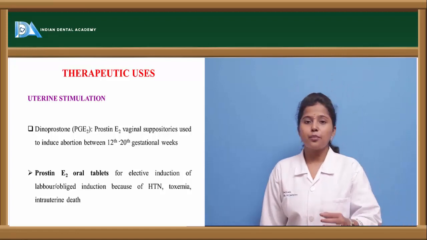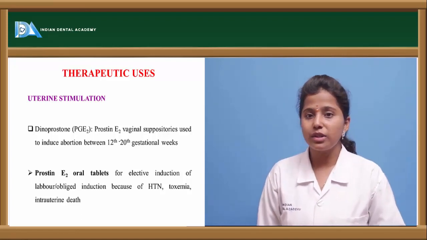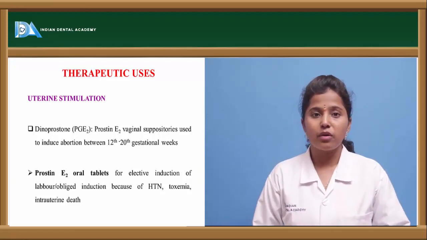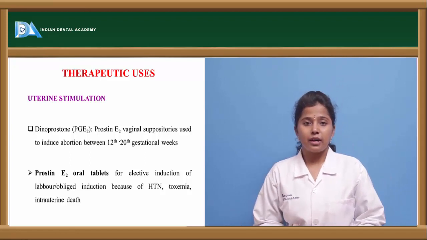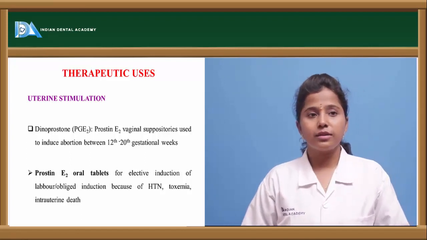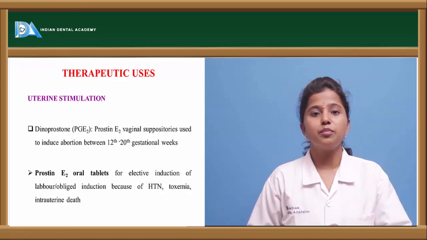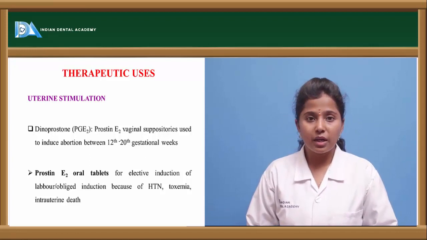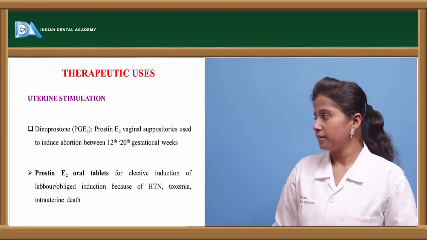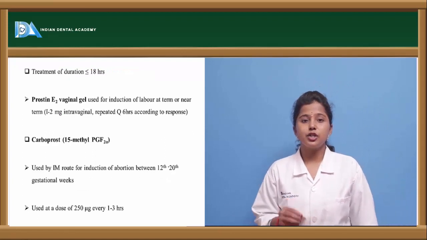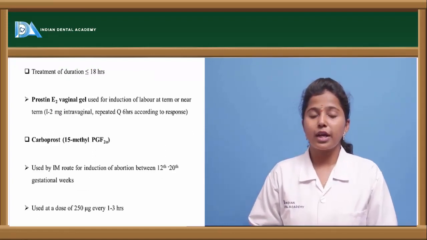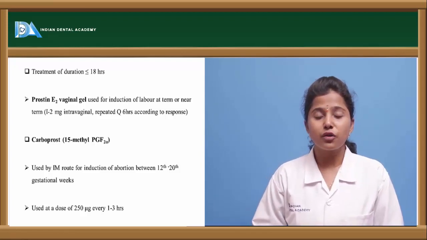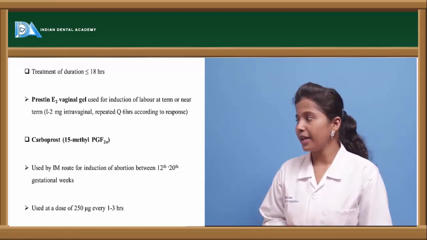The other one is Prostin E2 oral tablets. These oral tablets are given for elective induction of labor. If natural labor is not observed, then Prostin, that is PGE2, is recommended to be given to pregnant women for labor. The onset of action of these prostaglandins, that is Prostin or dinoprostone, is observed by 18 hours.